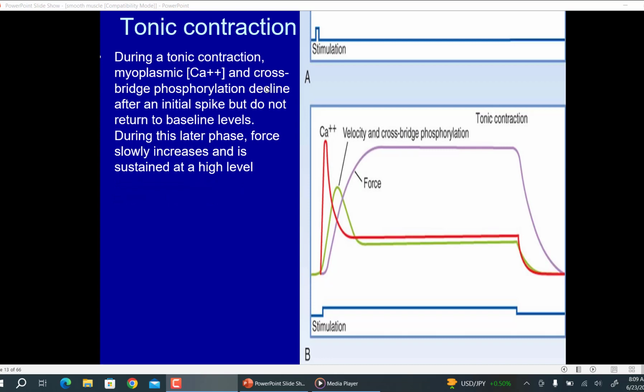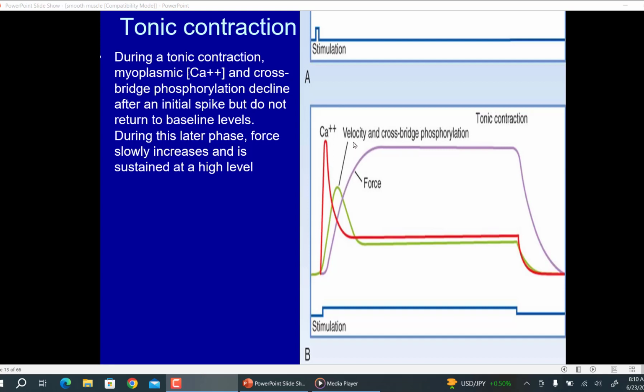During a tonic contraction, myoplasmic calcium and cross bridges phosphorylation decline after an initial spike but do not return to baseline level. Here you can see that there is a contraction and there is calcium velocity and cross bridges phosphorylation.